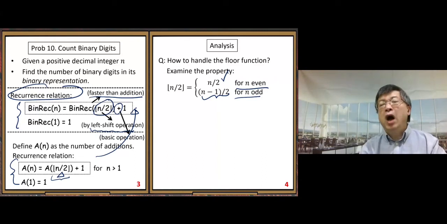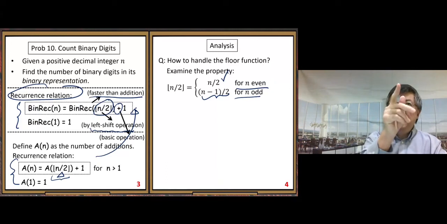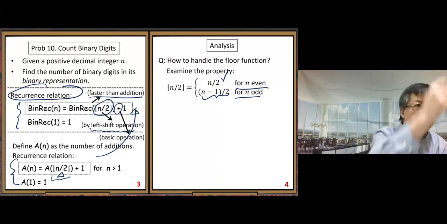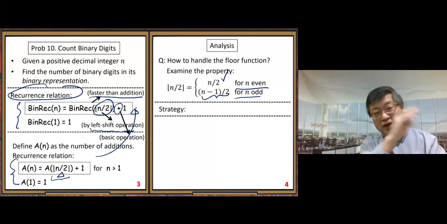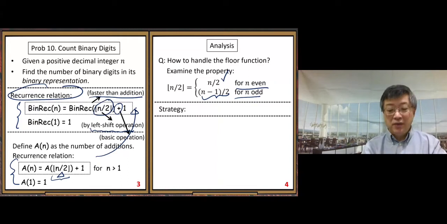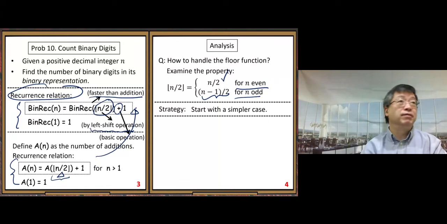But when we work on the whole problem, here we use some strategy. We used it several times before. So I hope you still remember. This simple strategy is pretty effective. Here, I use it another time. So what's that strategy? Start with a simpler case.